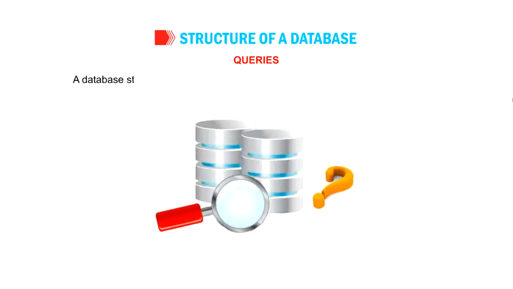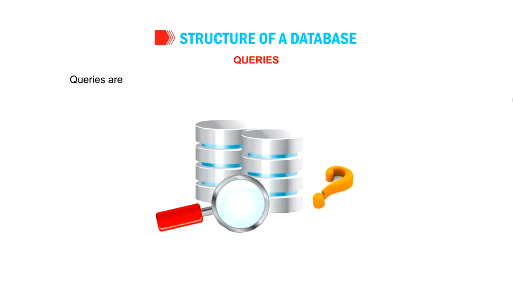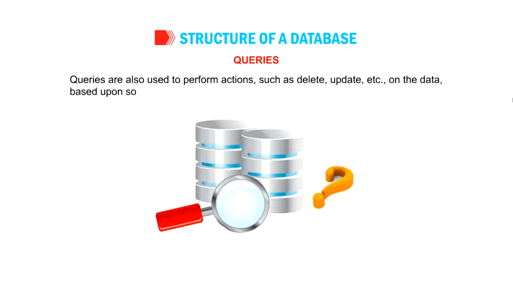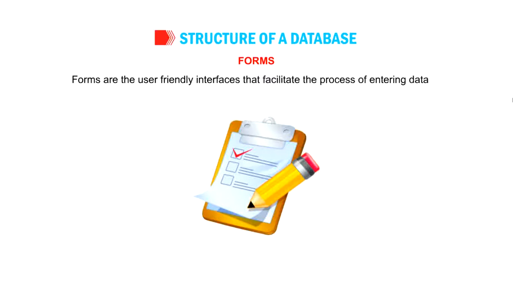Queries. A database stores vast amounts of data, but queries help us to retrieve the filtered data based upon some conditions. Queries are also used to perform actions such as delete, update, etc. on the data based upon some criteria, conditions. Forms. Forms are the user-friendly interfaces that facilitate the process of entering data in tables and queries.